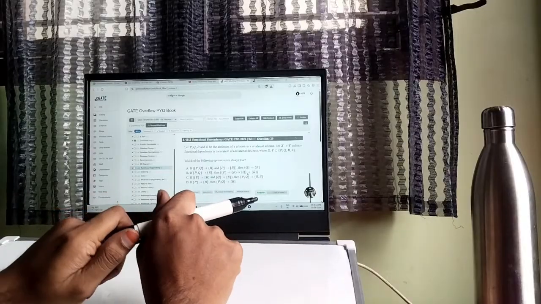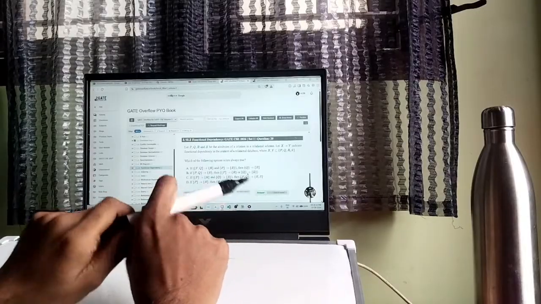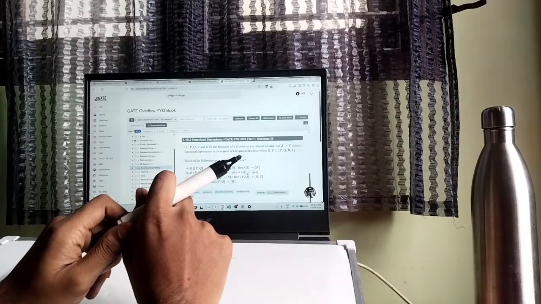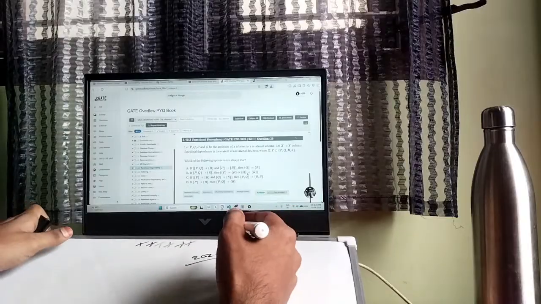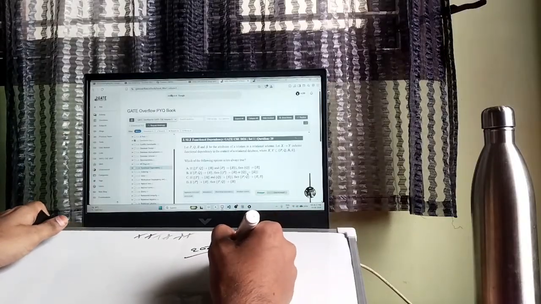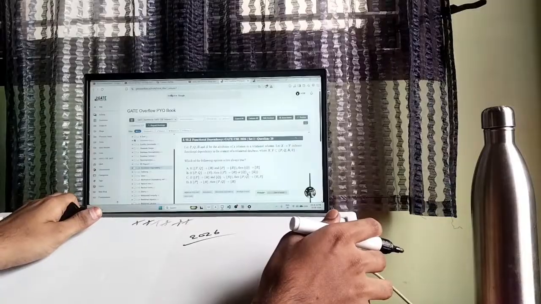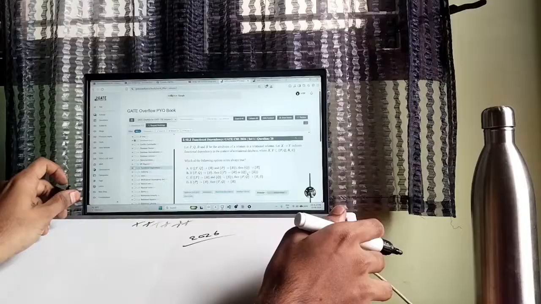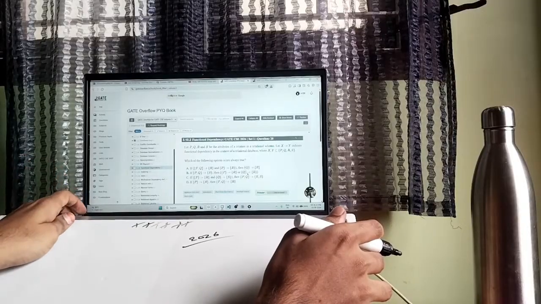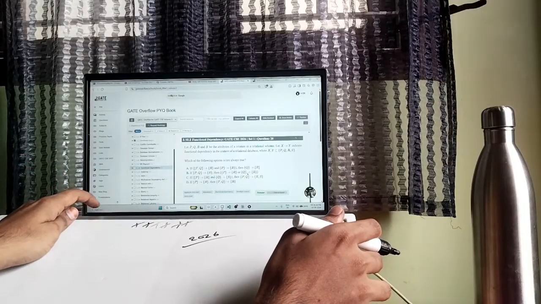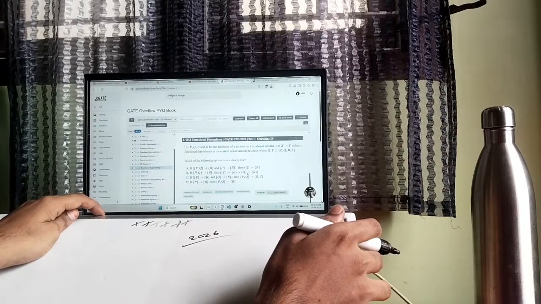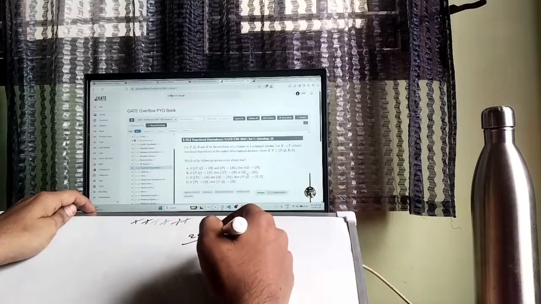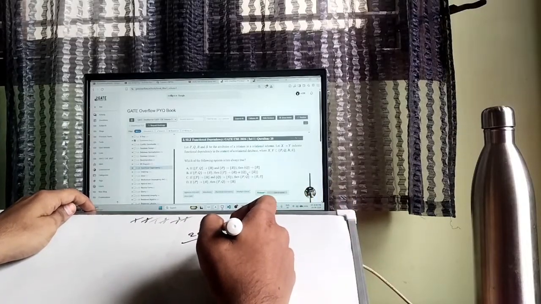So if PQ tends to R and P tends to R, we are just checking the properties. If PQ tends to R, then P tends to R, and then Q tends to R. We can't say that, right?